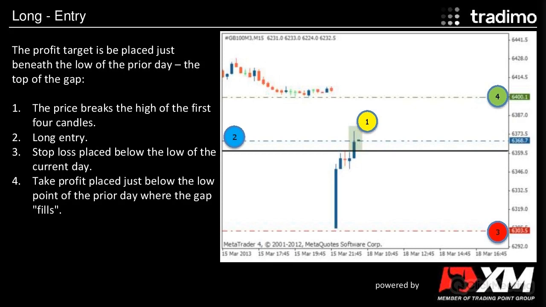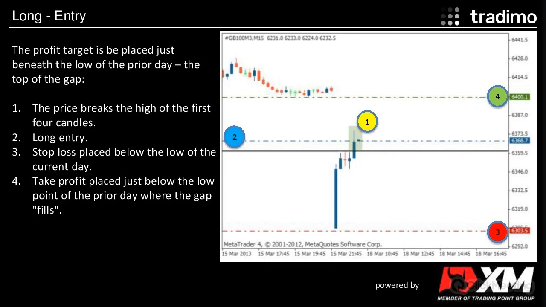Three, stop loss placed below the low of the current day, highlighted red. And four, last but not least, take profit placed just below the low point of the prior day where the gap fills. So this is, for example, a long entry where you can use the gap which happened in the market.